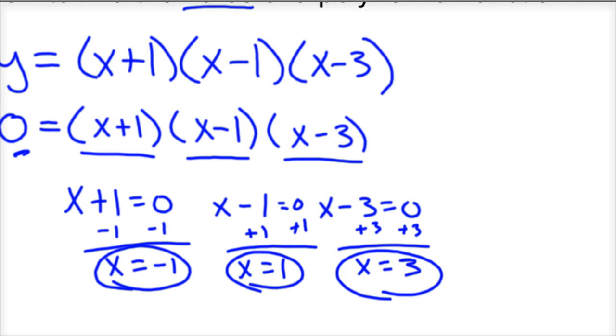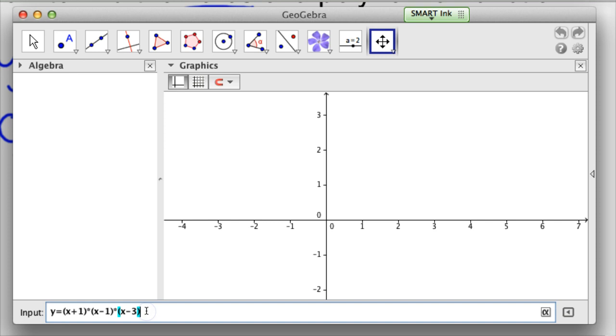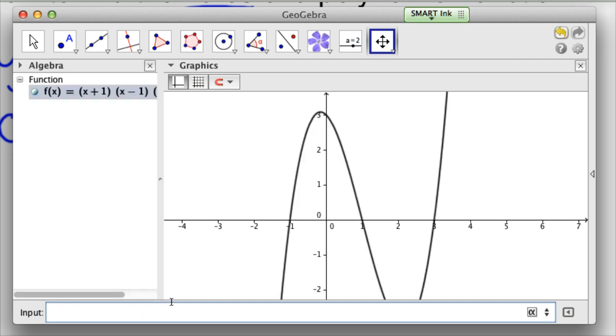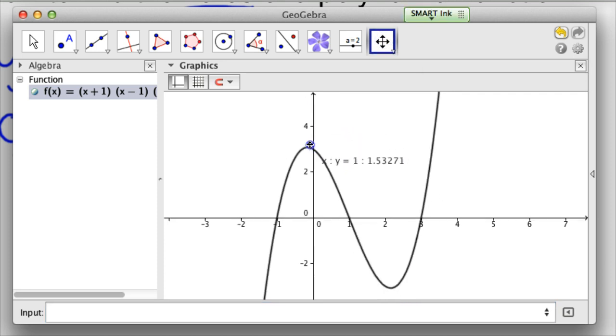Now, let me pause for just 1 second. To give you an idea of the x-intercept quality of this, here in the input I have entered that function, that polynomial, and I'll hit enter so you can see that. I'll adjust this a little bit so that you can see most of it, the max and the min.